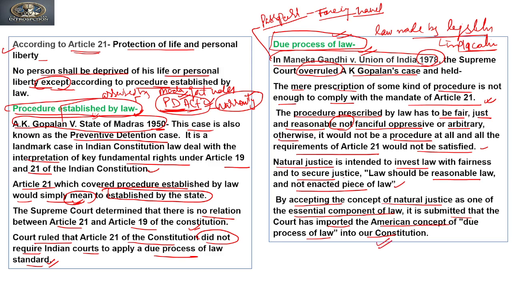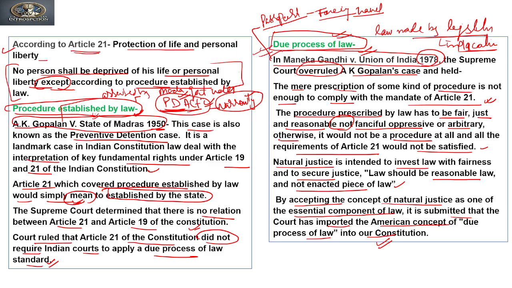So, though from 1978 onwards the Supreme Court used the due process concept while interpreting Article 21, it has not been mentioned in Article 21, and Article 21 has not been amended. So the language of Article 21 is similar to the original Constitution, but while interpreting, the court used due process of law.